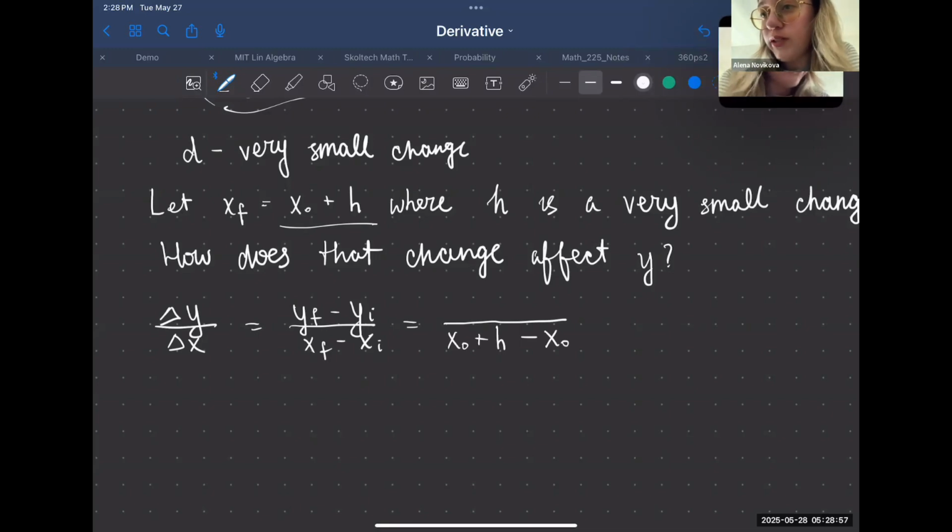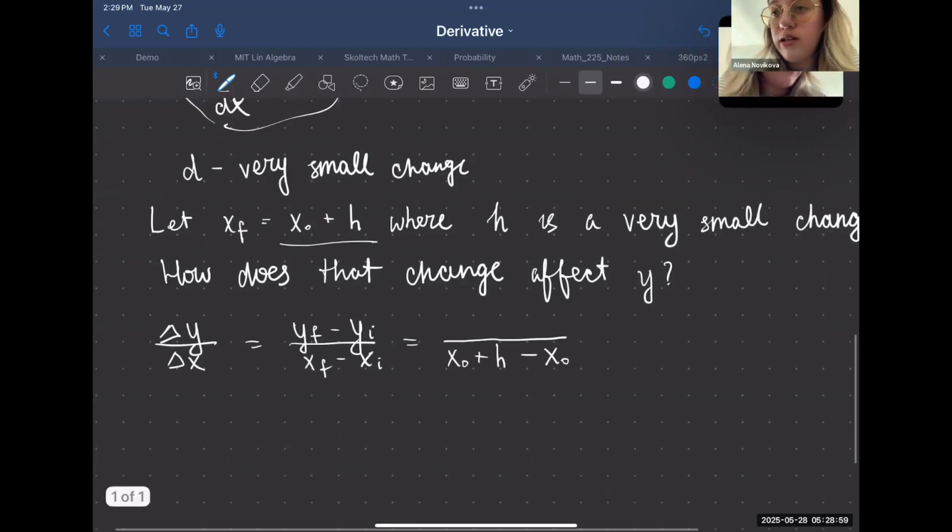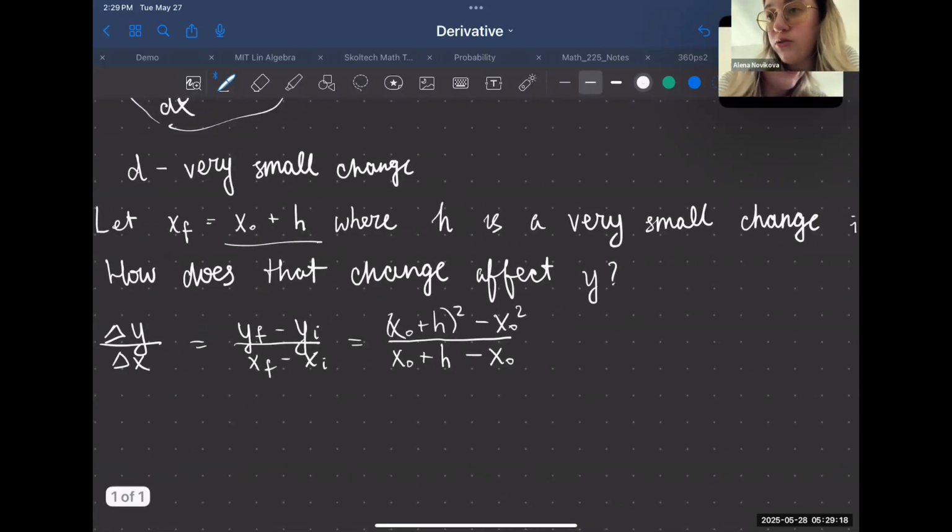So we're going to have x naught plus h minus x naught. And then in the numerator, it's just y expressed with x. So we're going to have x naught plus h squared minus x naught squared, like this. Now we are going to simplify it a little bit.